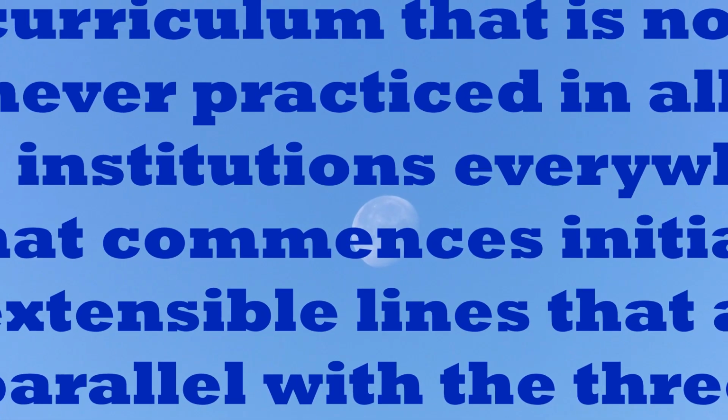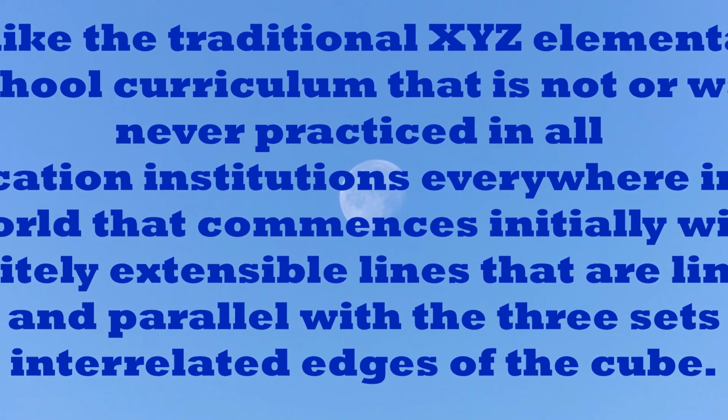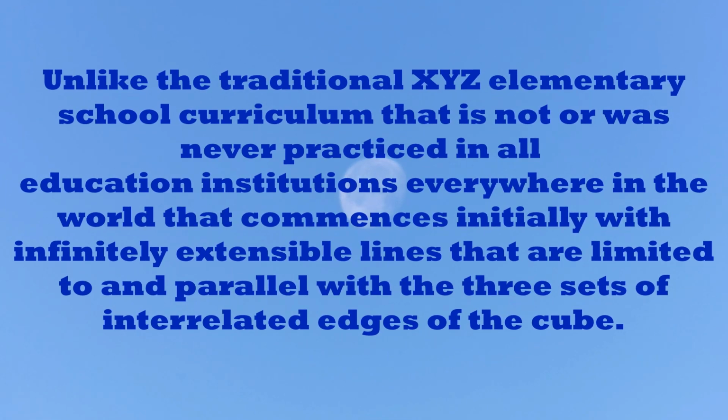Unlike the traditional X, Y, Z elementary school curriculum that was never practiced in all education institutions everywhere in the world, that commences initially with infinitely extensible lines that are limited to and parallel with the three sets of interrelated edges of the cube.